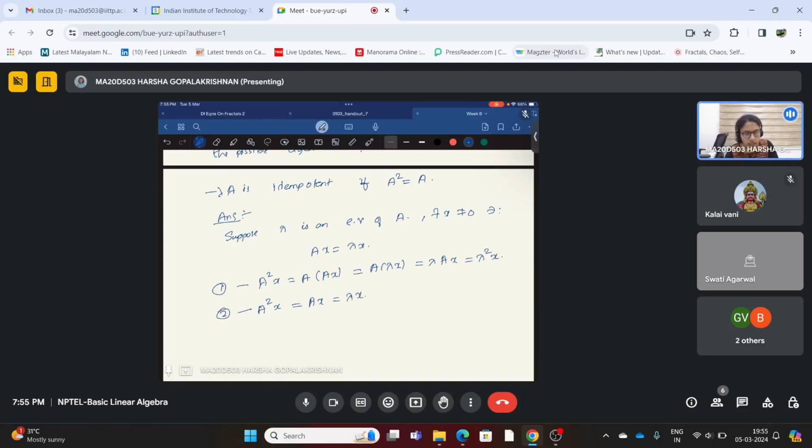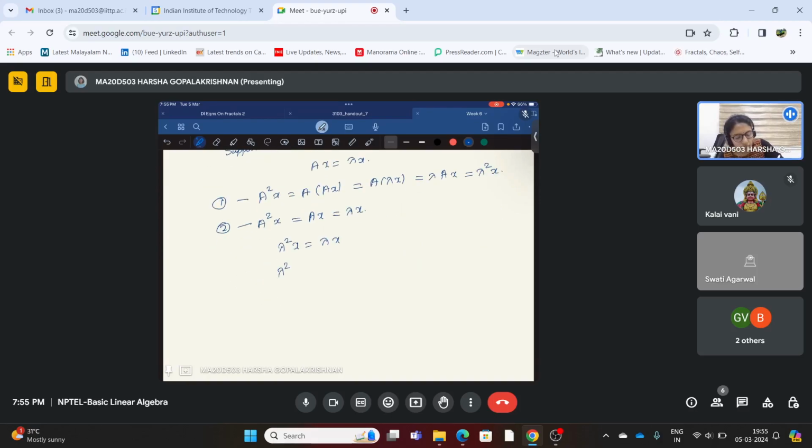So the equations 1 and 2, the LHS are equal. So what we are getting is lambda square x should be equal to lambda x. Our aim is to find the lambda. That is why we are writing in terms of lambdas. So from this we can write lambda square minus lambda times x equal to 0. Okay. Is x 0?